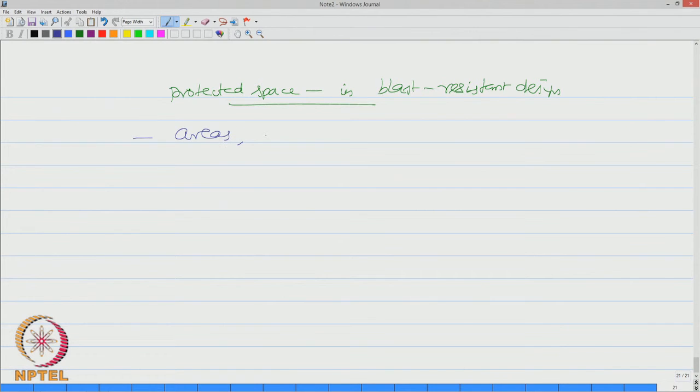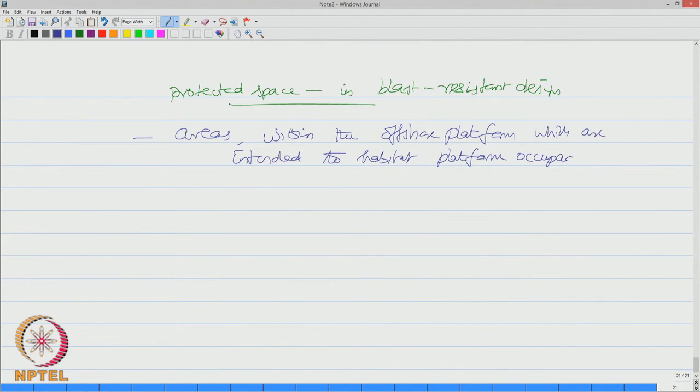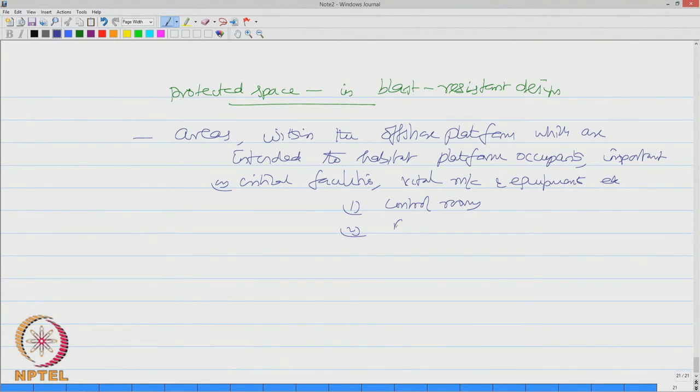These are areas within the platform which are intended to habitat platform occupants, important or critical facilities, vital machinery and equipments, etc. Examples could be control rooms, escape routes, PSV links, etc.